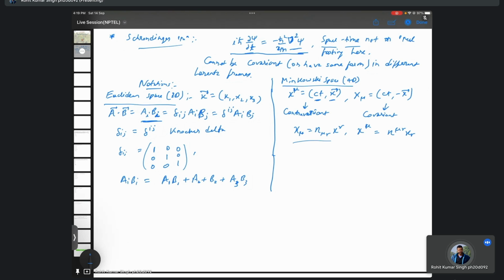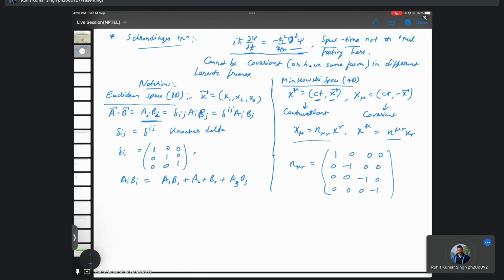Now, what is this eta mu nu? This eta mu nu is called the metric tensor, and it is a 4 by 4 matrix having the diagonal elements as non-zero, others as 0.